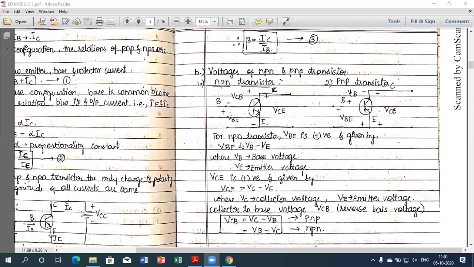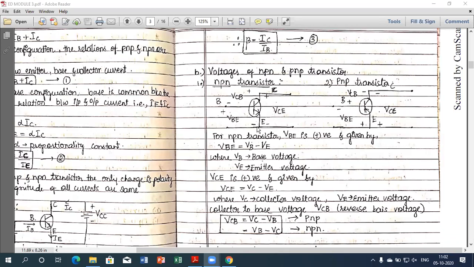Now, look at the NPN transistor. VBE is positive. Why do I call it positive? Because base to emitter is forward biased. That's why it is positive. So we can write VBE equals VB minus VE, because VB is the base voltage and VE is the emitter voltage.